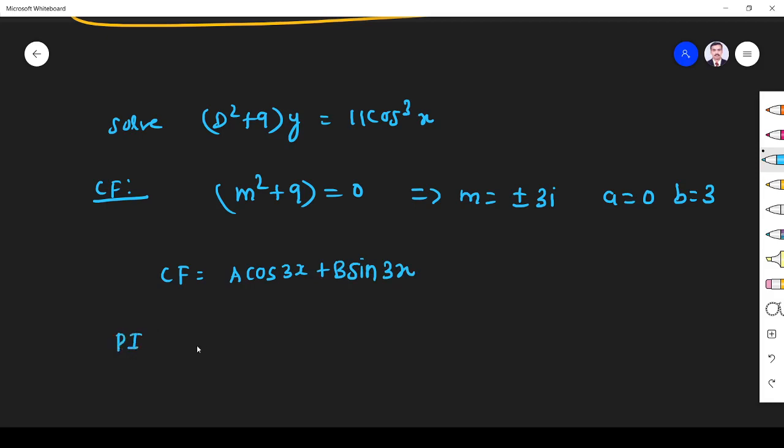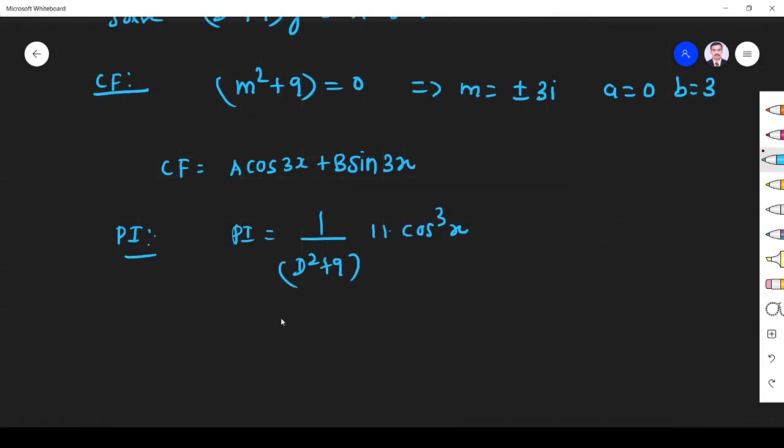Now we have to find a particular integral. Particular integral we know, PI is equal to 1 by f of D. f of D is nothing but D squared plus 9, into 11 cos cube x. So it must be converted into ax format.